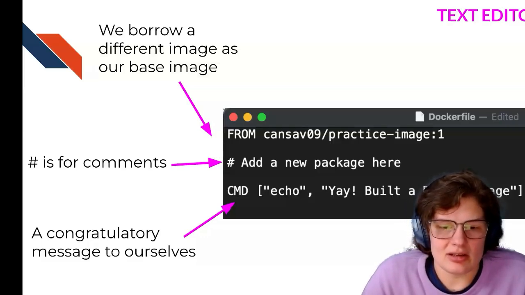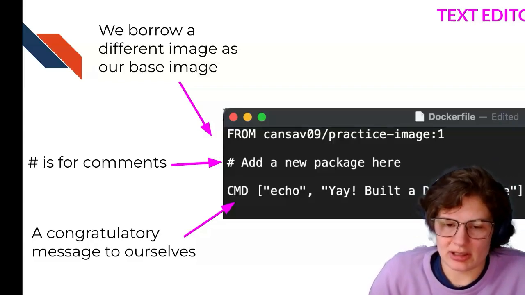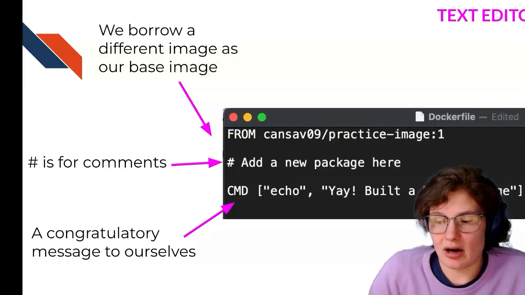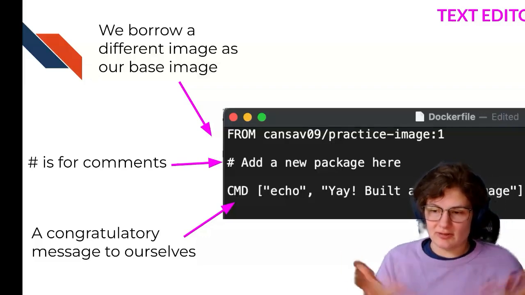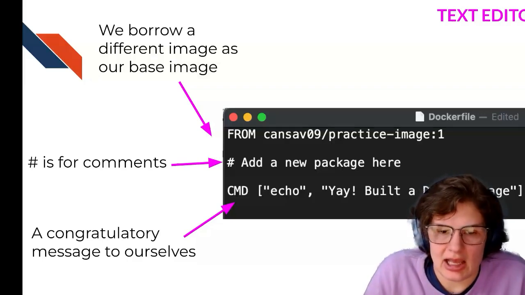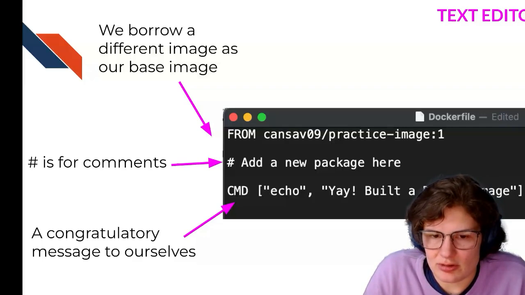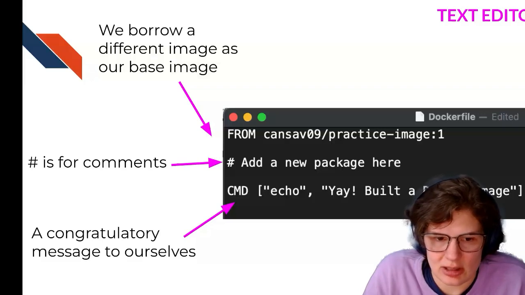And then there's also a line here that says CMD for command. And that's something that's going to run upon you doing docker run. So there is a list of commands like this. You see these all caps things, FROM and CMD. There is a small list of these that you can use in a Dockerfile that Docker recognizes, and that's what you use to build stuff. So we'll go through another one in this section as well.